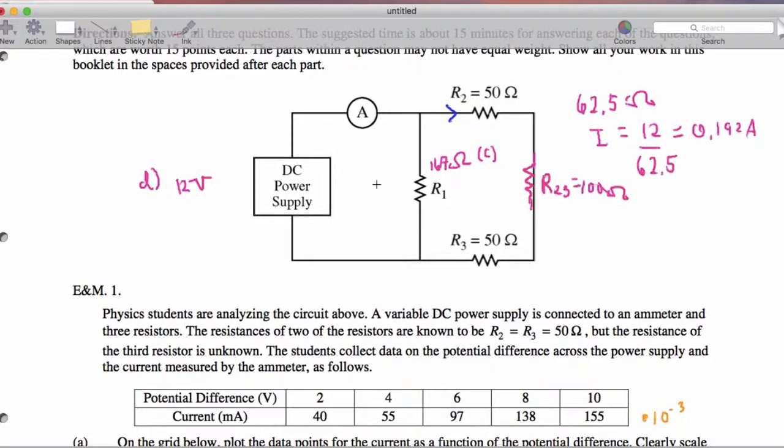The 12 volts is in parallel with R1, and it's in parallel with R23. So R1 has 12 volts on it, and R23 has 12 volts on it. So I can get I23 as 12 over 100, and so that's going to give me 0.12 amps as my answer to part D, because that's I23, which is the I through 2 and the I through 3, since they are in series.